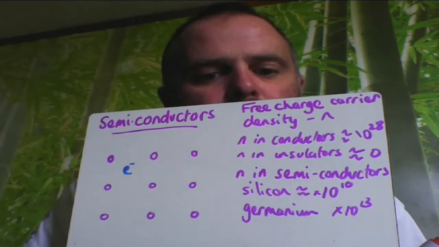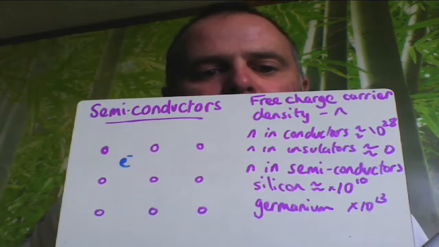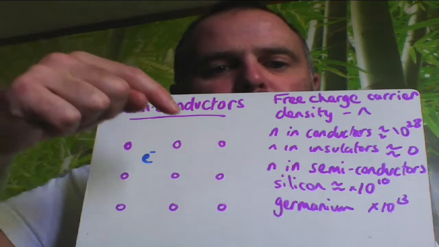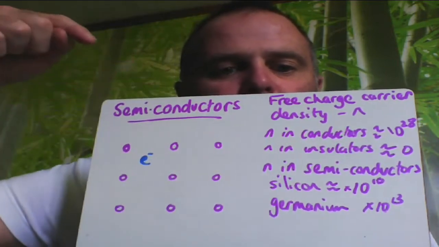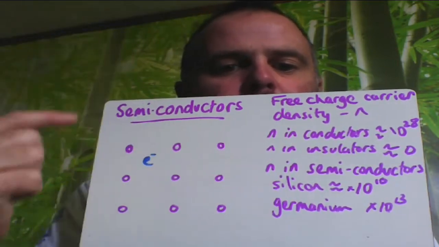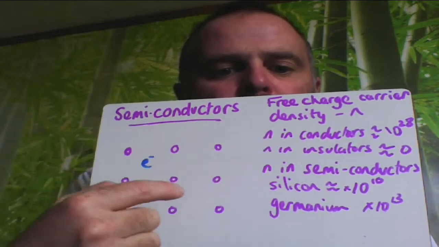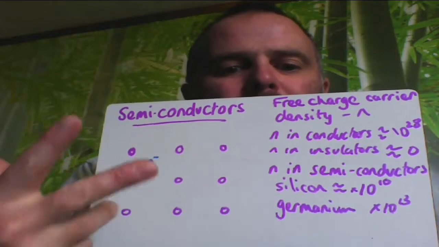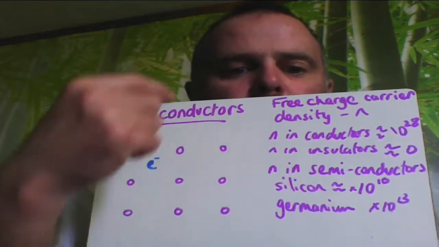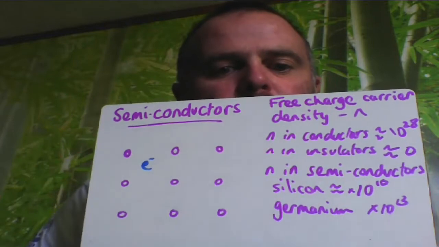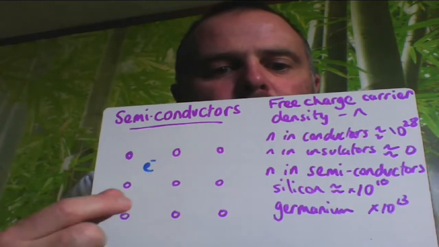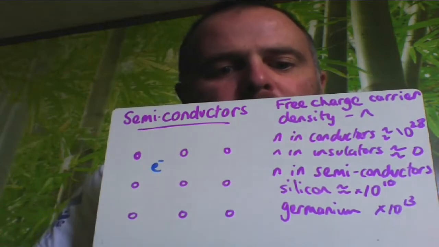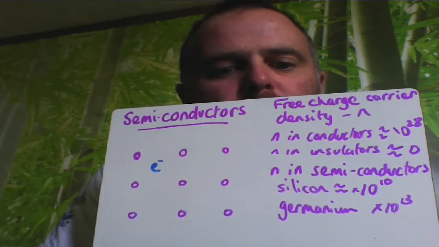Now, what can happen is maybe increasing temperature, or maybe a photon of light, electromagnetic radiation. A photon strikes the semiconductor, or heat vibrations in the ion lattice, and that addition of energy can free up another electron from its atom. So this is what happens.